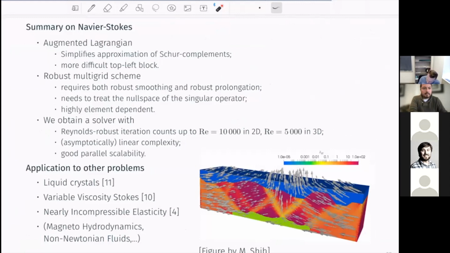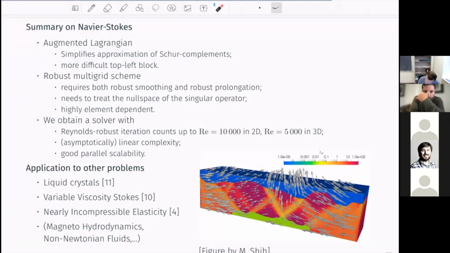So here on the right, this is a project by a student here, Melody. She extended this to problems for variable viscosity Stokes equations. This is sort of an Earth crust simulation where you have different materials of extremely varying viscosity and a very highly nonlinear rheology.